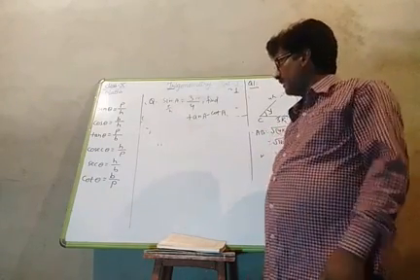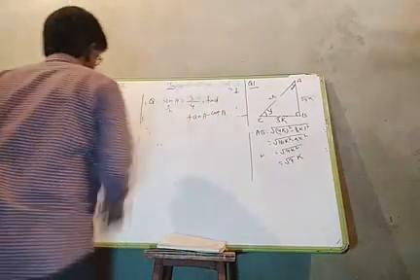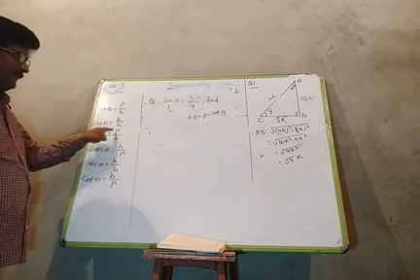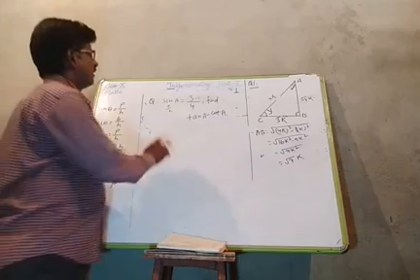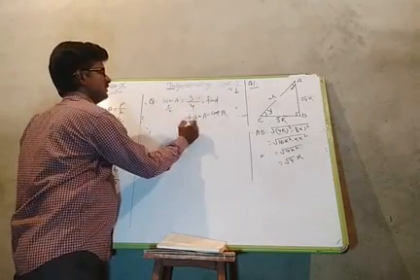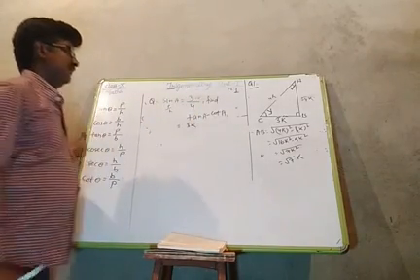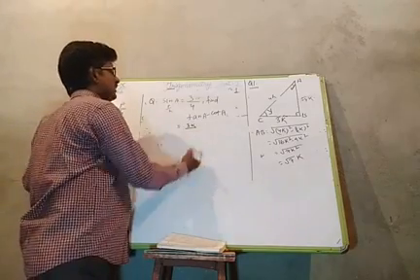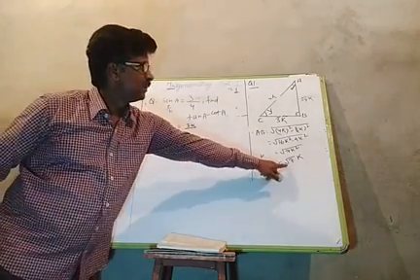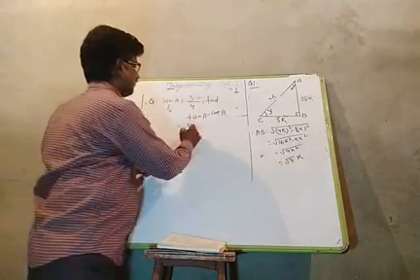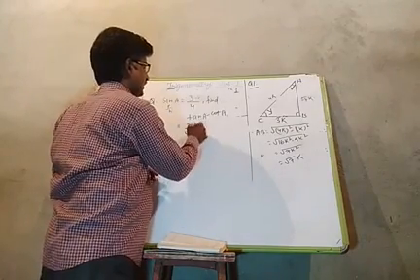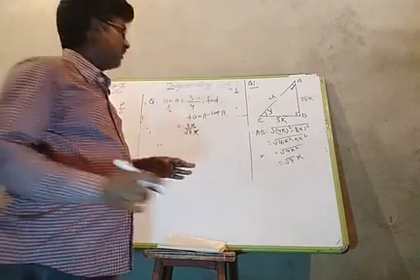Okay. So now see, tan A is equal to P by B, and P is 3K and B is root 7K. K will be cancelled.